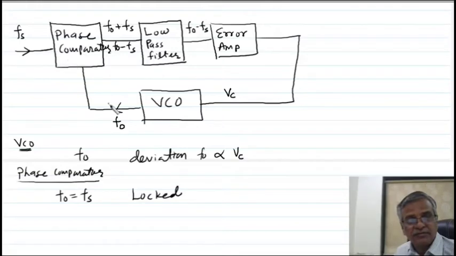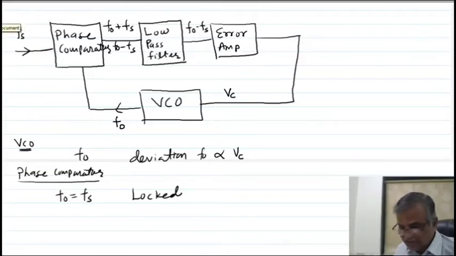When Fs is equal to FO, the circuit is said to be locked and the PLL IC tracks the change in the input frequency Fs.